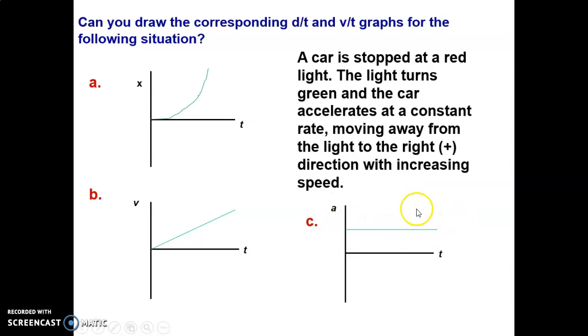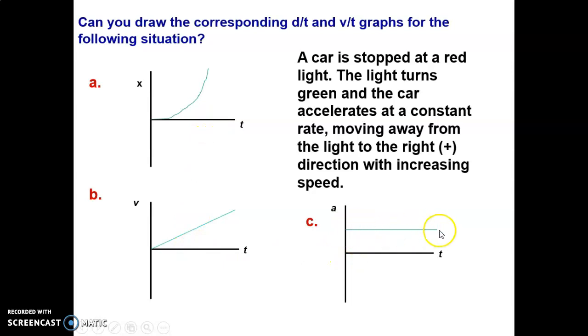Your AT graphs are all going to be flat lines. I'm telling you right now. Your AT graphs are all flat lines. In this course, we will always have constant acceleration. These will be flat lines. Okay? So, all of these graphs are telling the same story.